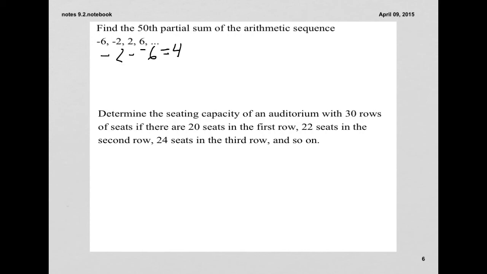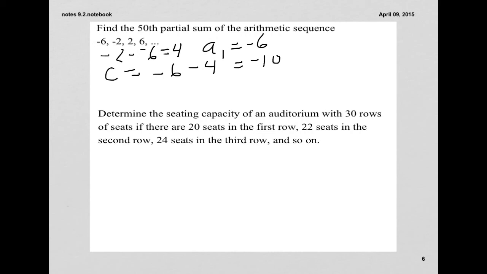Our first term, a sub 1, is equal to -6. So we plug into our formula. First thing we need to do is find C. C equals -6 minus 4, which is equal to -10.